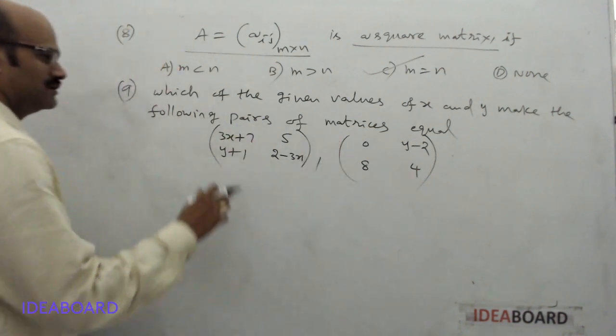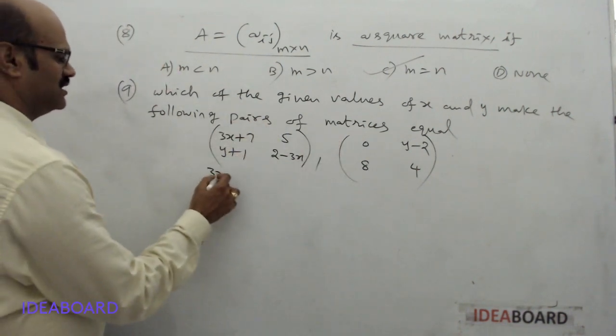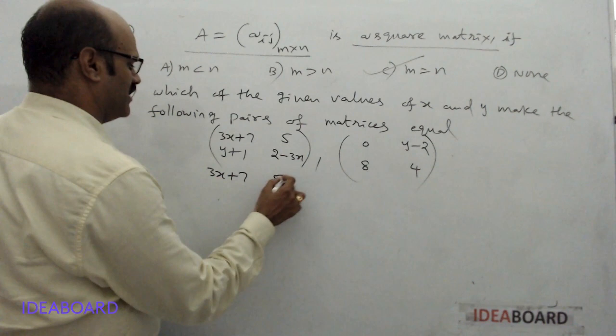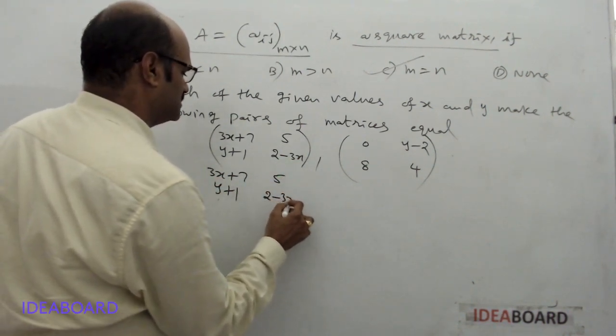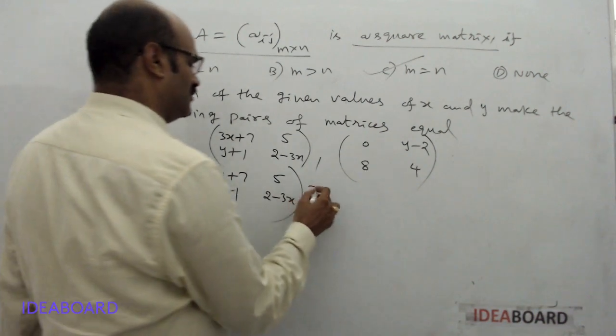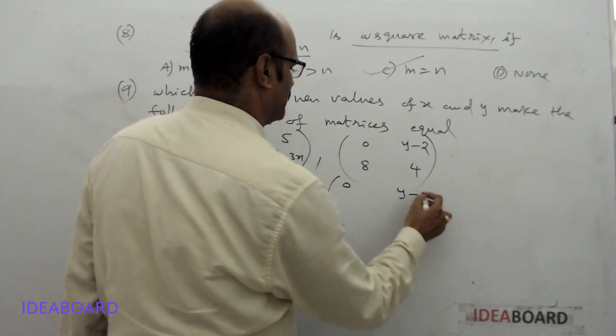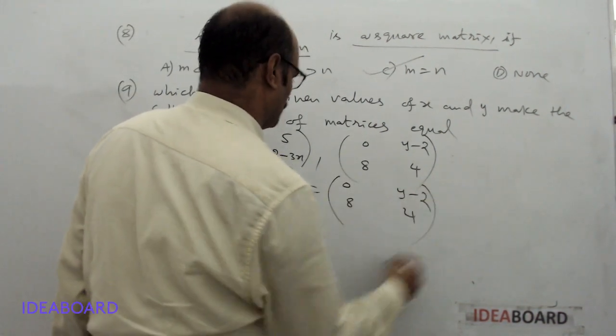Here, these two matrices are equal. So 3x plus 7, 5, y plus 1, 2 minus 3x equal to 0, y minus 2, 8, 4.